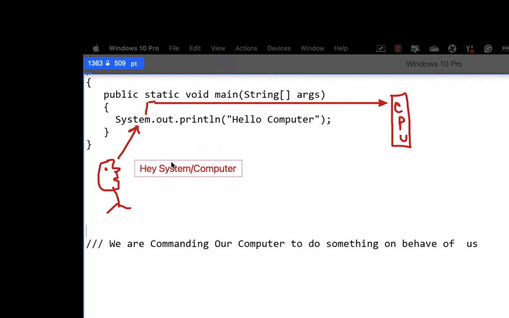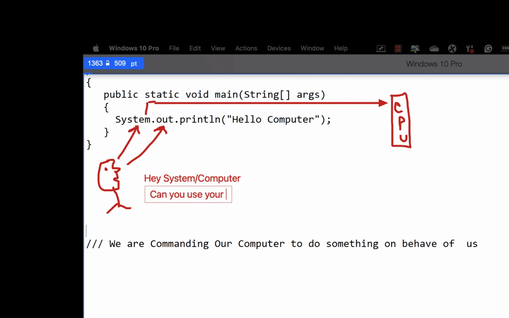Now let's go for the second one, the command that you have written after System, this one. This means out. Out means you are saying to your system, can you use your output device? Now what do we mean by output device?